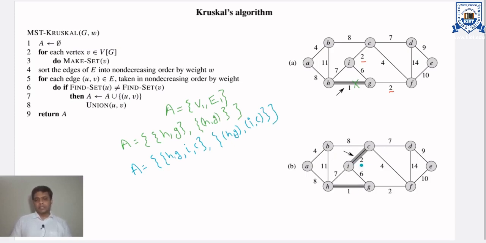Likewise, in the next iteration we pick the next minimum weight. These two are selected, so we are not going to consider these two edges. Now the next minimum is this 2, so we select this edge.